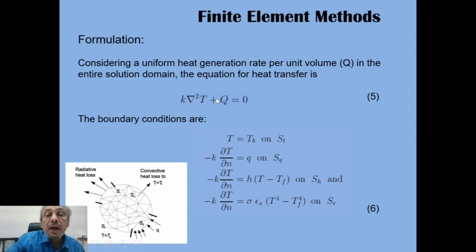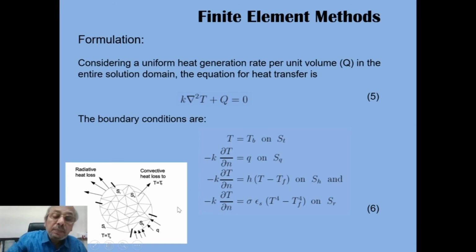Boundary conditions, as I mentioned earlier: T equal to TB on one part, then minus K dT/dn, that means heat flux specified, on another segment. On another segment, it is basically a convective condition, that is the gradient of temperature equal to h into the boundary temperature minus the local ambience temperature.